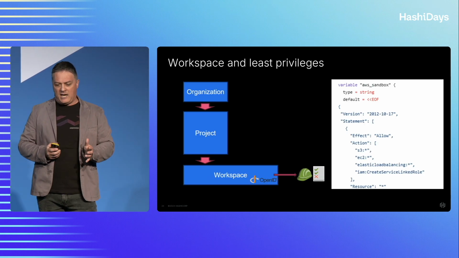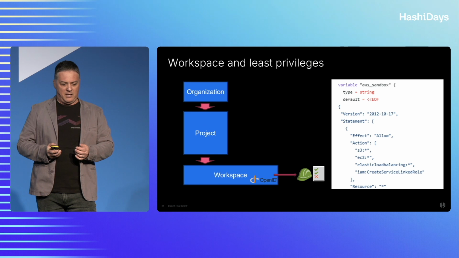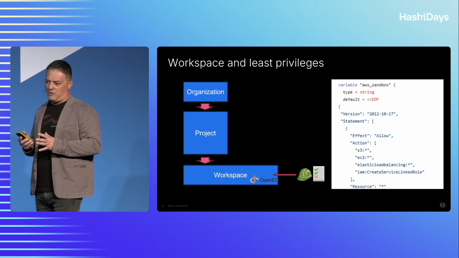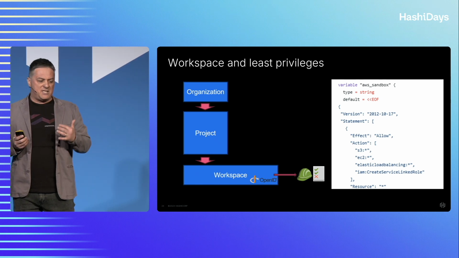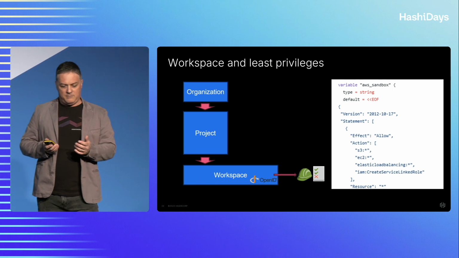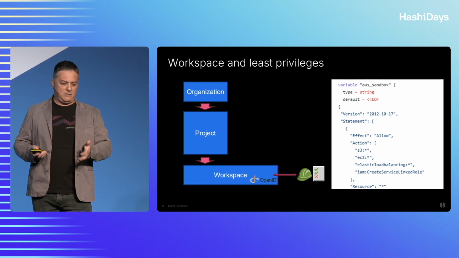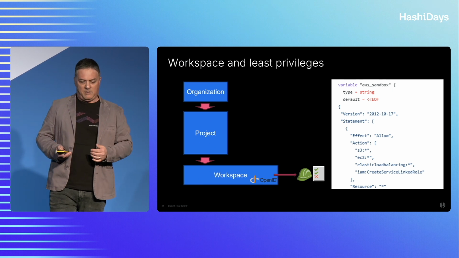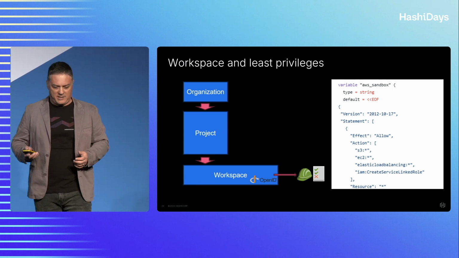This is an example implemented in HashiCorp Cloud Platform, starting from the organization, then diving into a project and connecting every single workspace with a particular sandbox, which is a simple definition of policies that are in AWS.